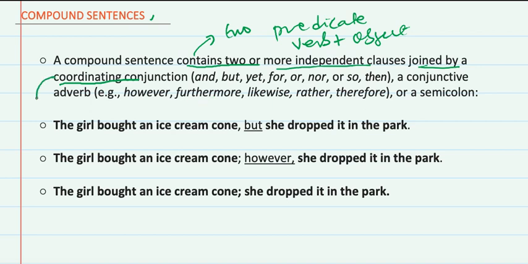When they say coordinating, it means joining, or linking conjunction. Coordinating means joining. Examples of such coordinating conjunctions are and, but, yet, for, or, nor, so, then.